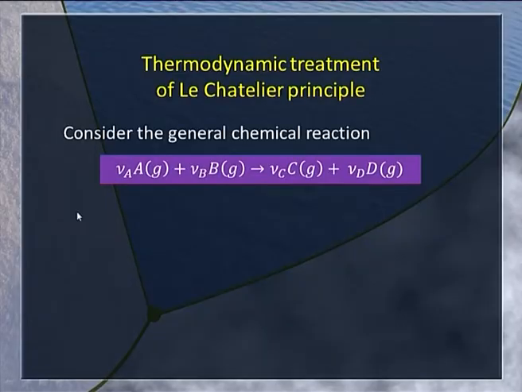If we try to understand the Le Chatelier principle from a thermodynamic treatment, we have to look at this equation, where the reactants with stoichiometric coefficients nu A, nu B react, A gas, B, and the products nu C C and nu D D. These are the two reactants and two products having nu A, nu B, nu C and nu D as the stoichiometric coefficients.